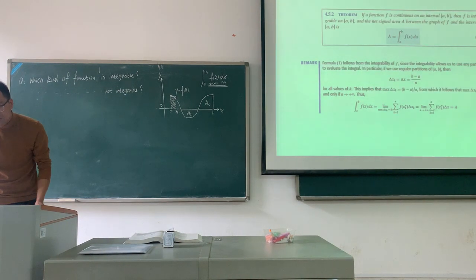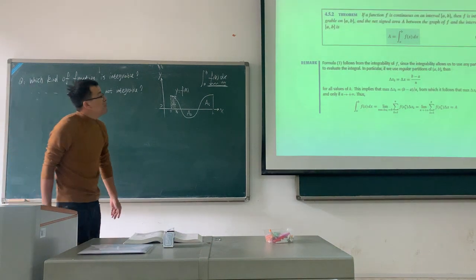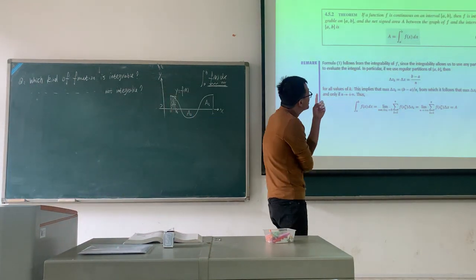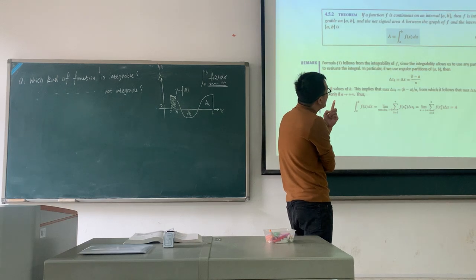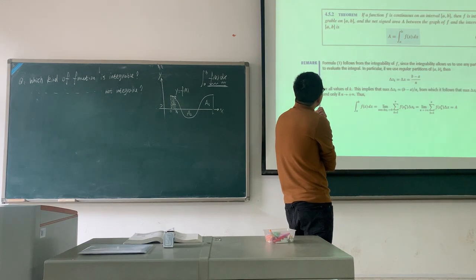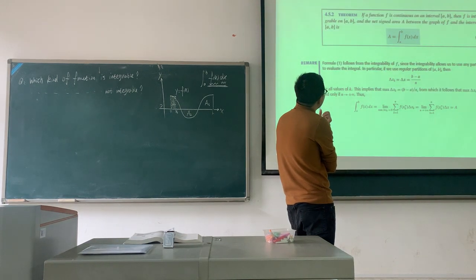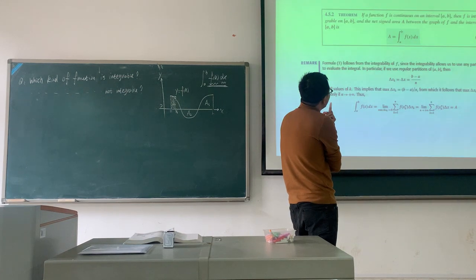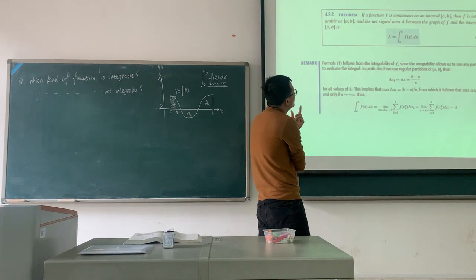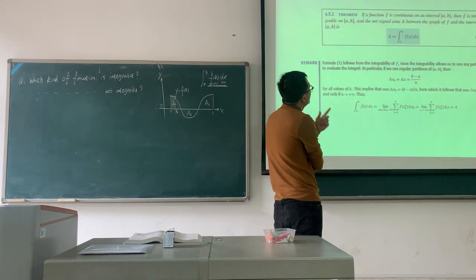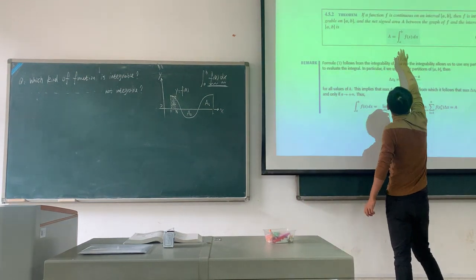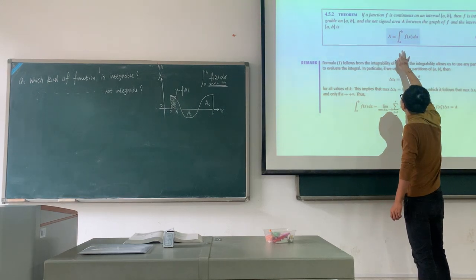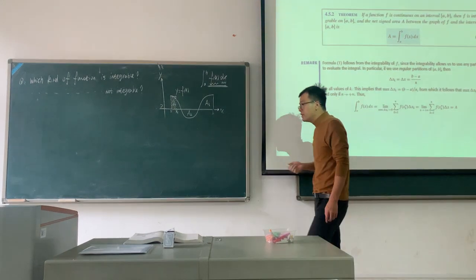Let's see this result. If a function f is continuous on an interval [a, b], then f is integrable on [a, b], and the area A between the graph of f and the interval [a, b] is equal to the definite integral from a to b of f(x) dx.